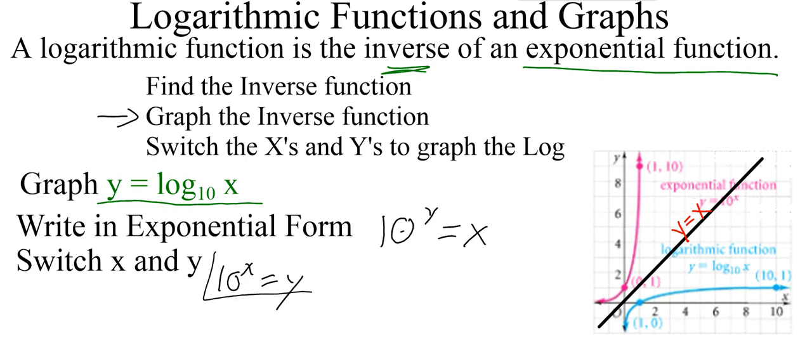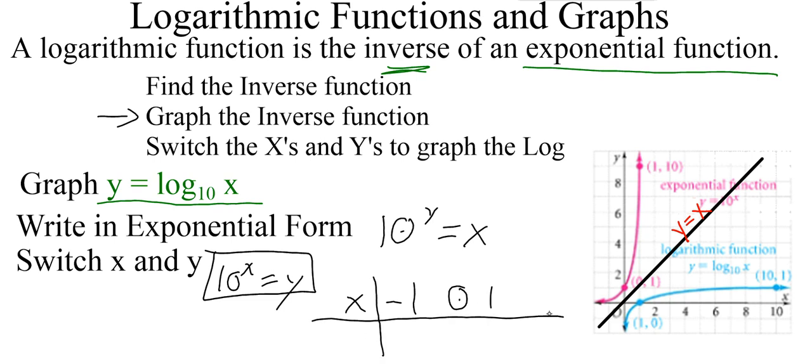Well, when I graph exponential functions, it's easiest to think of the three core anchor points: when x is -1, when it's 0, and when it's 1. So I'm making a table here. When x is -1, our y, 10 to the -1, is going to be 1 over 10, because when something is raised to a negative power, it's the reciprocal.